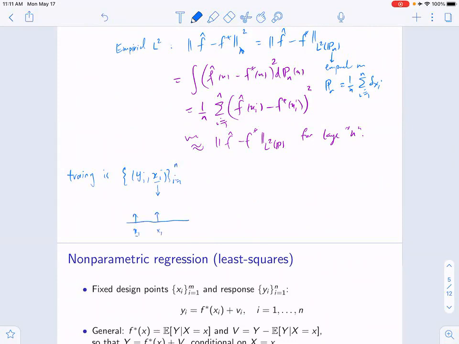So this could be x1, this could be x2, this could be x4, this could be x3, and this could be x5, in one dimension. You put the point mass 1 over n at every point, and this would be the empirical measure. The size is 1 over n, and these are point masses at each point.